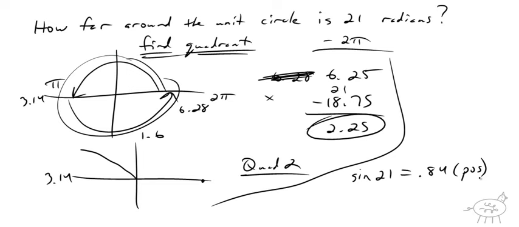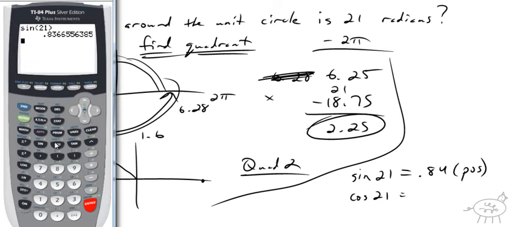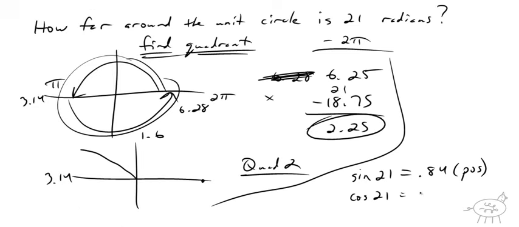So let's do cosine of 21 radians. See what we get for that. Negative 0.55. So it's negative.